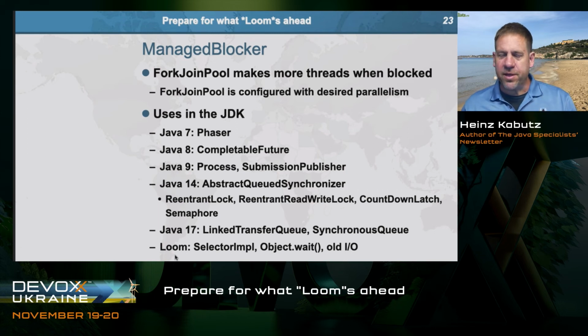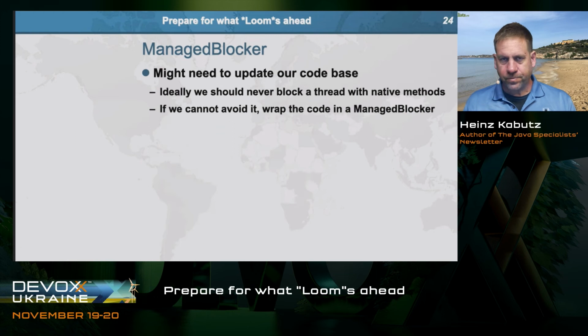But if you suspend a thread whilst holding a synchronized, and you're suspending it inside a native method, like what happens with object.wait, then it's not able to suspend that virtual thread and to put another thread in there. So what they do is they simply increase the number of threads in order to make it appear as if it is supported. That's at the moment. They do want to change that, but that's how it works for now.